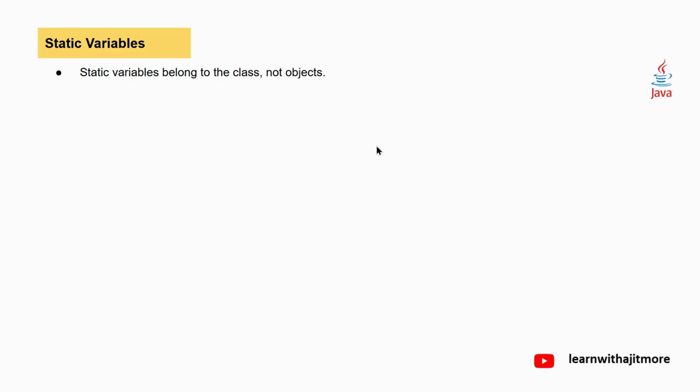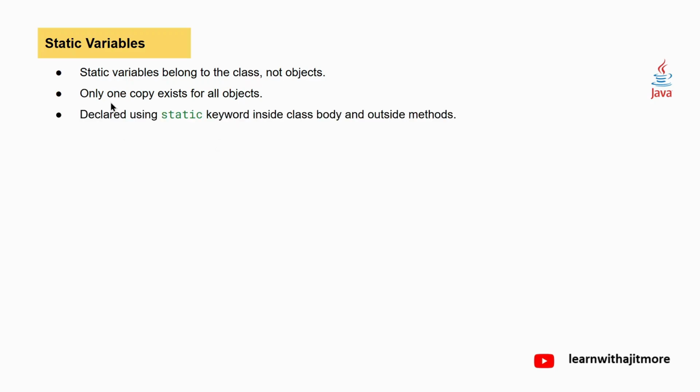See here. Static variables belong to the class, not the object, meaning all objects are going to share that single copy. Only one copy exists for all objects. How are they declared? As I said, inside the class body, outside the method, but using the keyword static. Once the code is loaded, afterwards, if you're creating any number of objects, everyone will use the same copy. Getting?